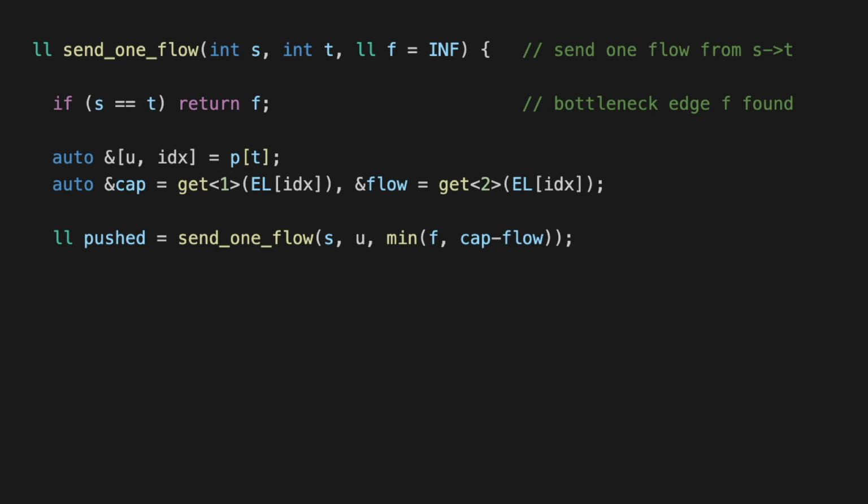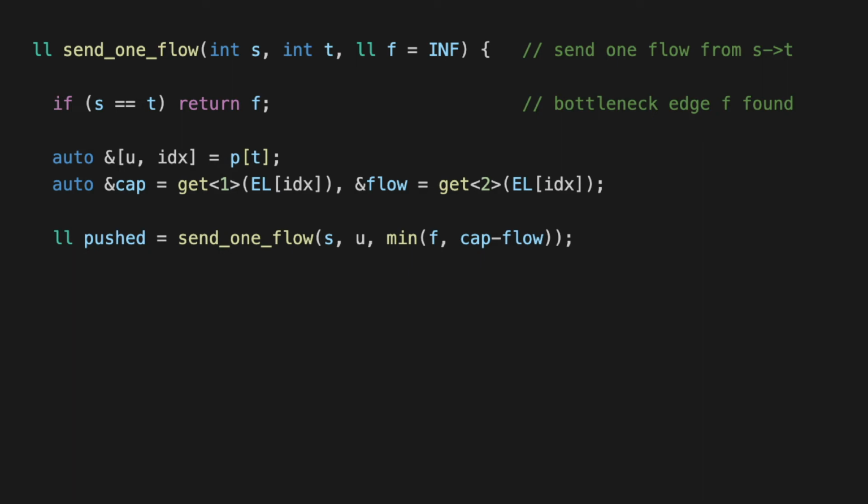And we also know that the current edge that we are considering, that is the one from the parent of T to T, has a certain capacity and a certain flow, and therefore it has a residual capacity of the difference between these two numbers. So in case that's a tighter value, if that is smaller than F, then that is the new bottleneck. Otherwise, we just stick to F as being the best upper bound that we have on the bottleneck. So that explains why we are taking the min of these two values and passing that on as the fresh bottleneck information to this recursive call.